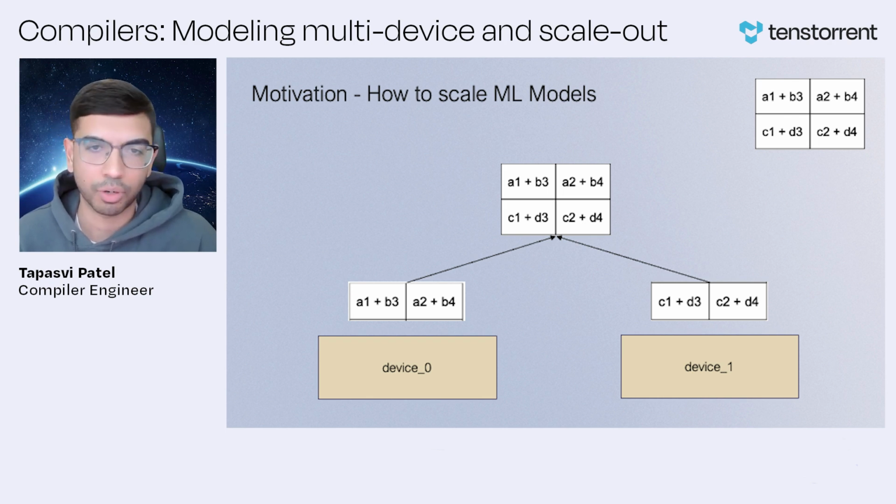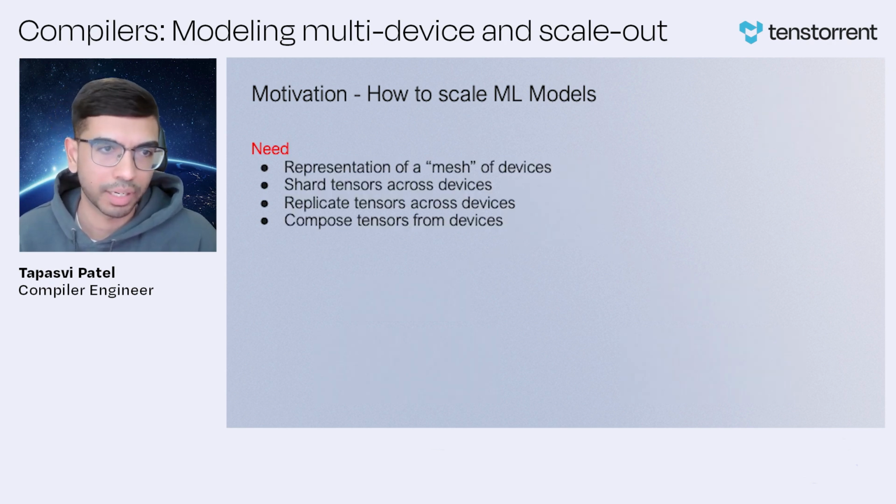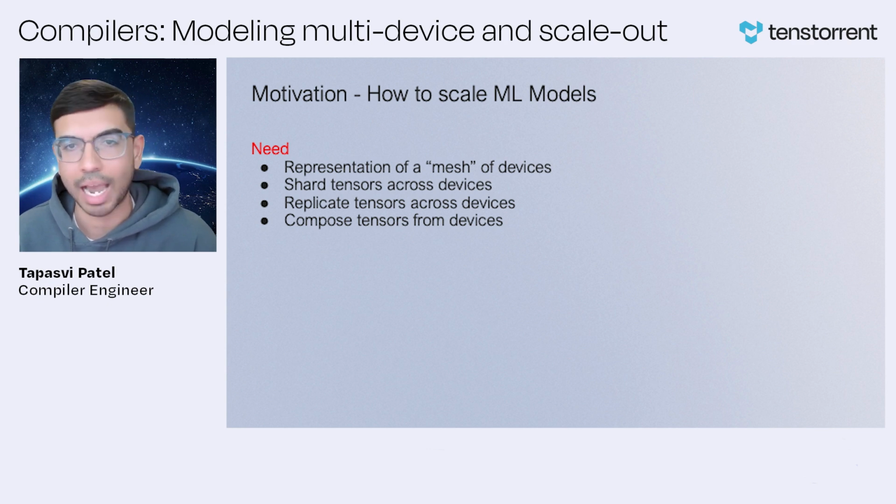And this can be extended for various other operations like convolutions, reshapes, etc., with various different degrees of complexity. So from this, we realized that first, we need a representation of a mesh of devices. We need to know how many devices we have in our mesh, and how they are positioned or located. We had 2 devices in the previous examples, but when we have 10, 20, 32, etc., it gets a lot more complicated.